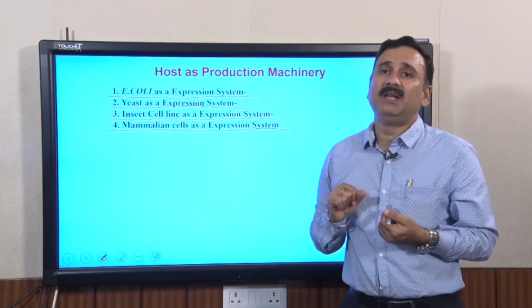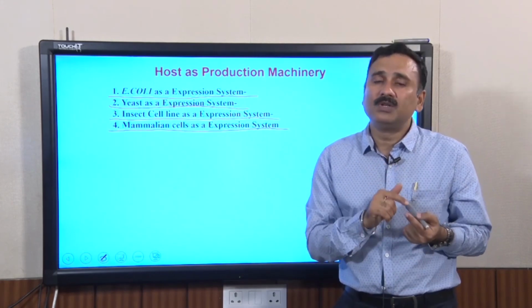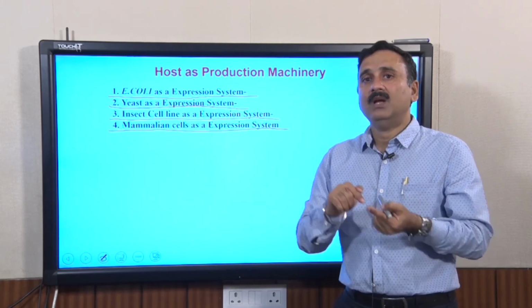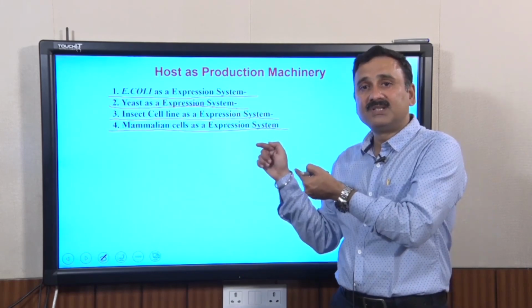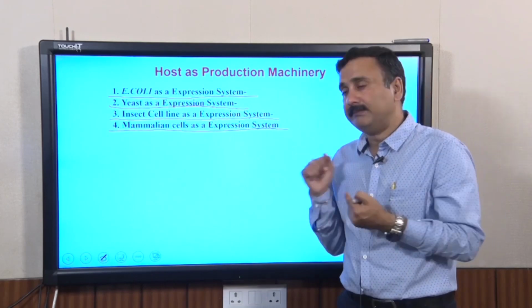In the case of the mammalian expression system, we are also going to discuss how to make the protein in the transient expression system, or how to make the protein in the permanent expression system.